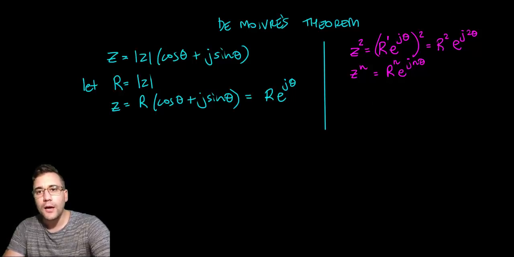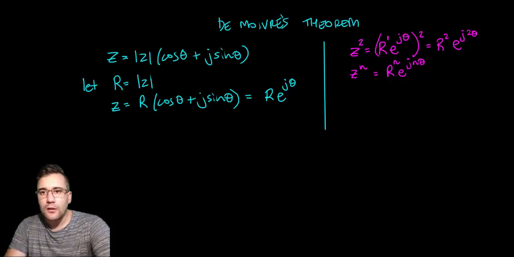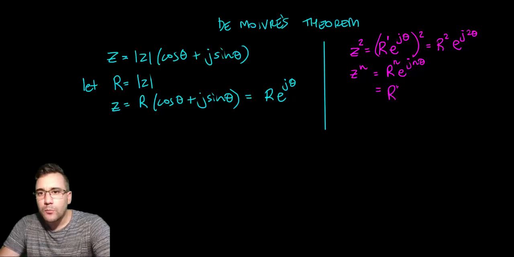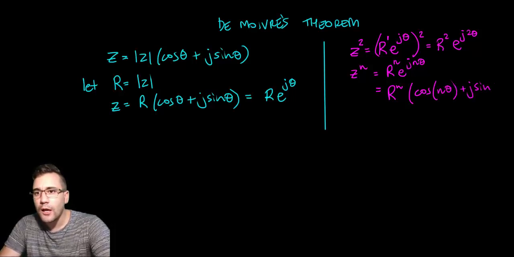We've got a specific example that's quite simple, and then we extended that rule to tell us this: r to the power of n times cosine n theta plus j sine n theta.